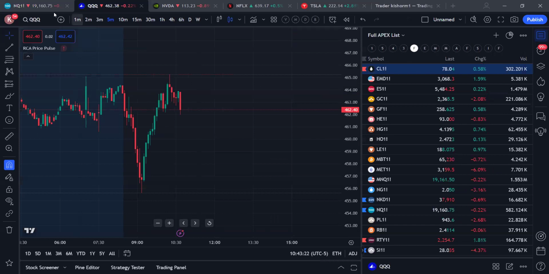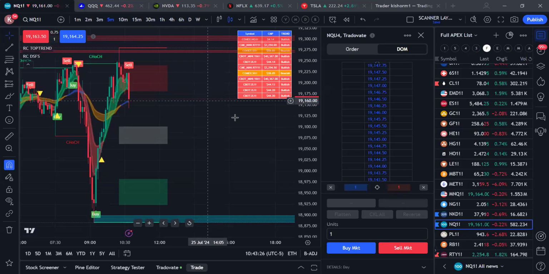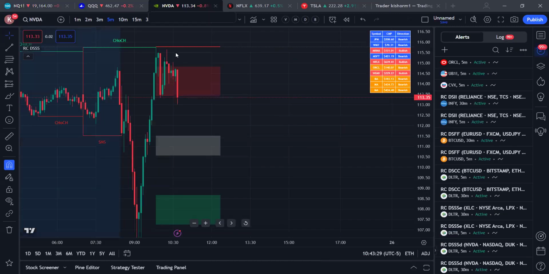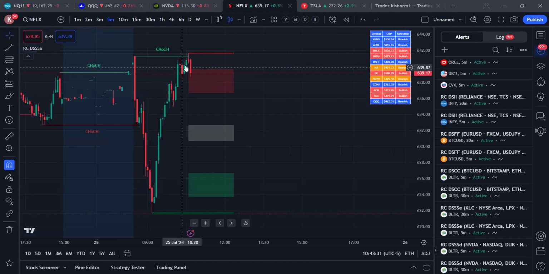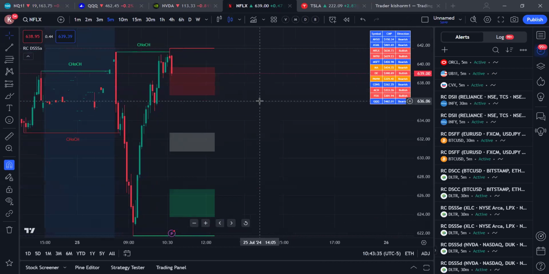QQQ is dropping. Nvidia huge drop. Netflix $2 drop. Just with two contracts on my personal account, it made nearly $1,300 for NQ.